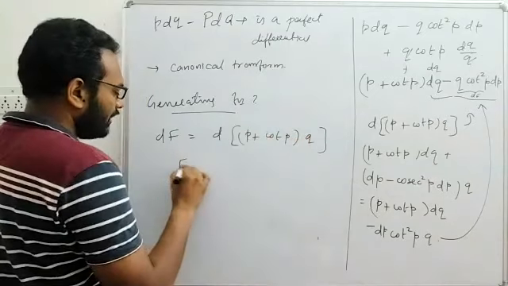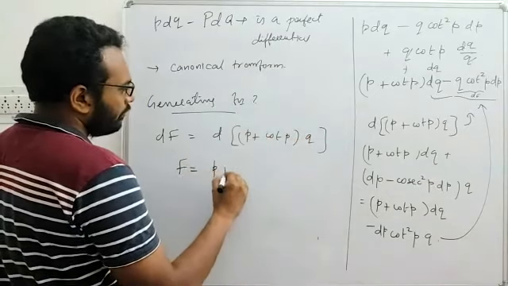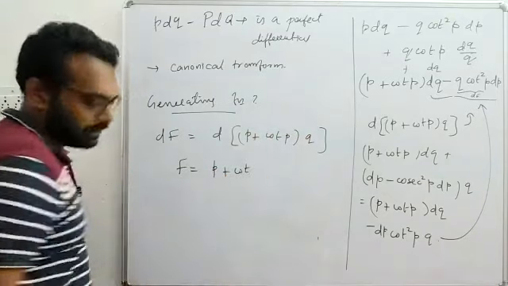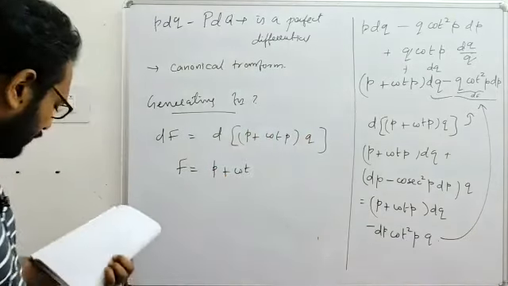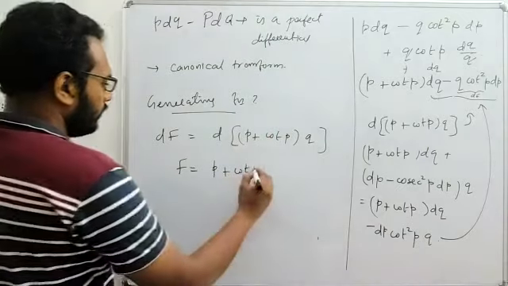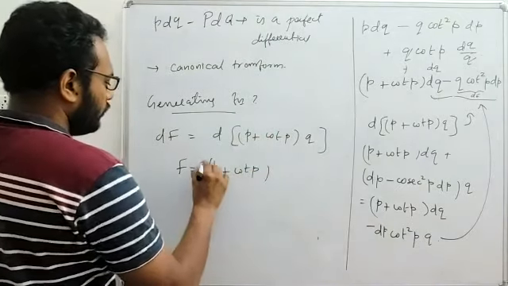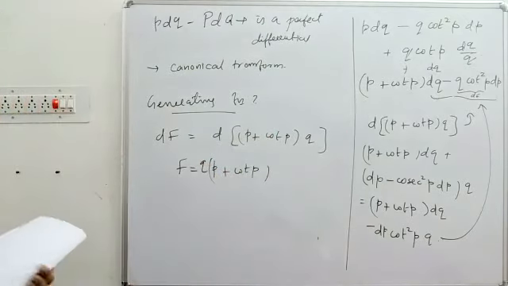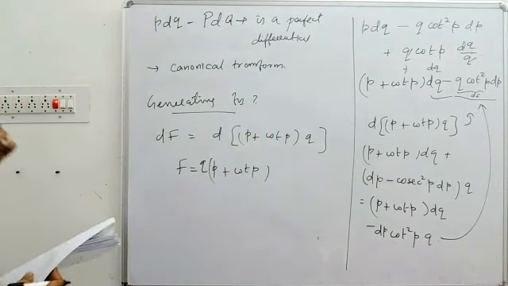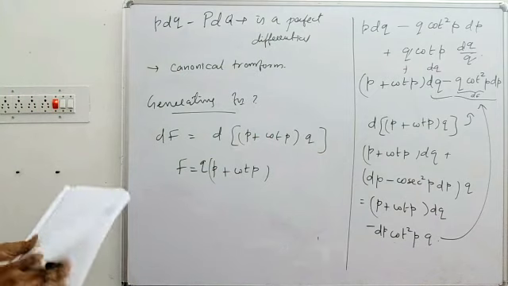So we can immediately take f as p plus cot p multiplied by q. Now this is not in the desired form. We need it half in the old coordinates and half in the new coordinates. So how do we do that?